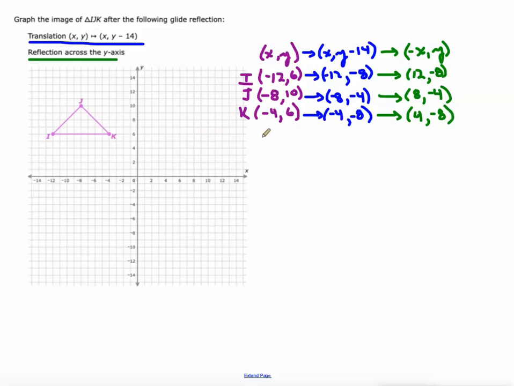So now we've got our three new points. 12, -8 is our new I value, or I prime. 8, -4, and then 4, -8. So that would be the same image after a translation 14 units down and then a reflection across the y-axis.